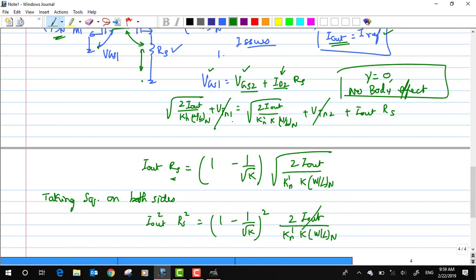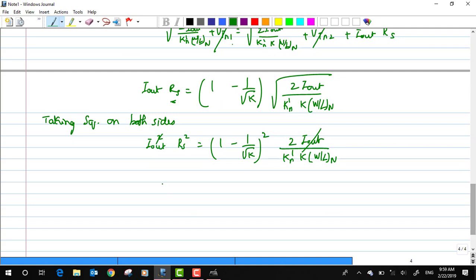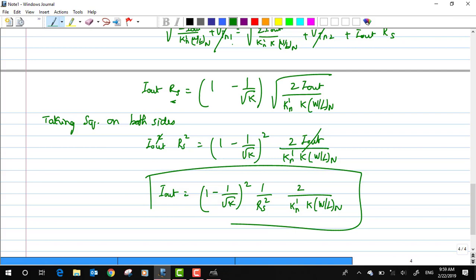Okay, and now what I can do is cancel out one of the I out terms from both sides, and the I out could be written as something like this. So now in this entire expression you can find that I have variables to control it.